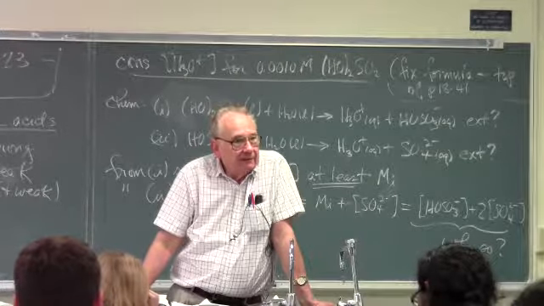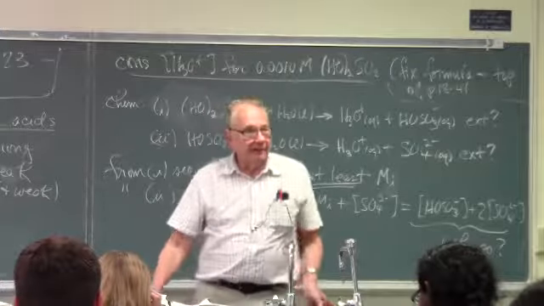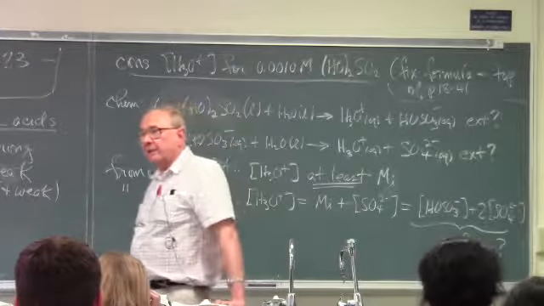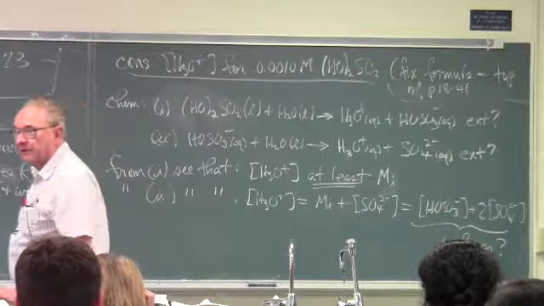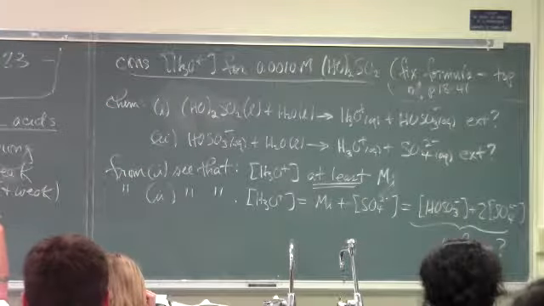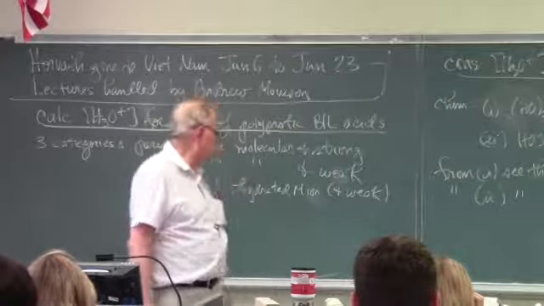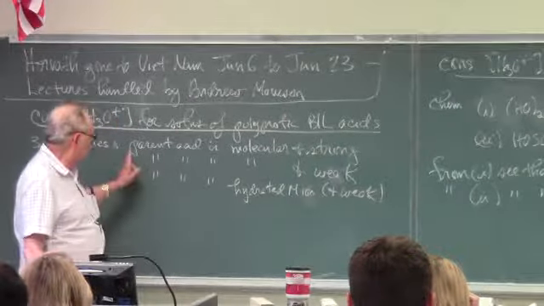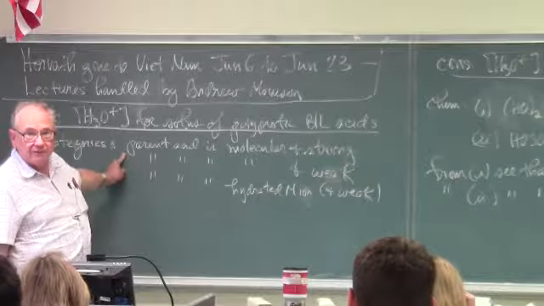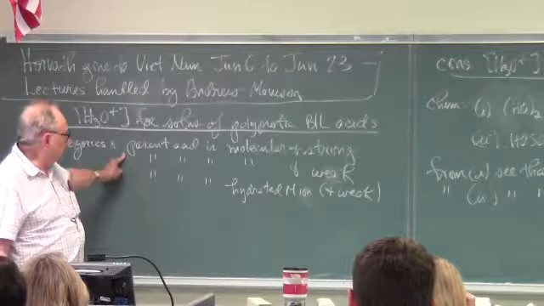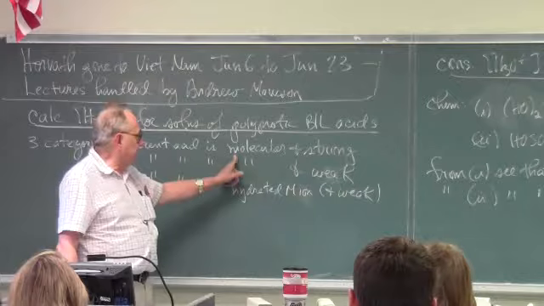Now let's take a look at a somewhat more complicated issue, and that corresponds to the possibility of the parent acid, under appropriate conditions, being able to donate more than one H+. Most common example of such is sulfuric acid. Sulfuric acid molecule is molecular and strong.